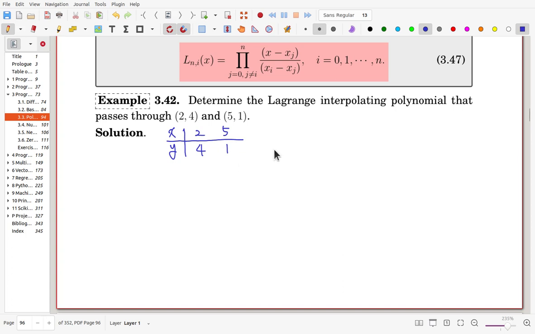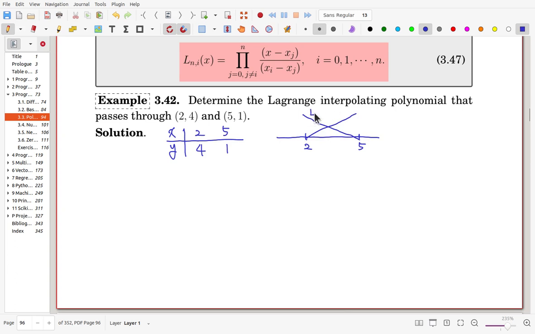Now here we have to get the Lagrange cardinal functions, but before constructing them, we may consider the shape of the cardinal functions. There's x0 at 2 and x1 at 5. Now this is linear, so 1 here and 0 going down, and 0 here and 1 over there.